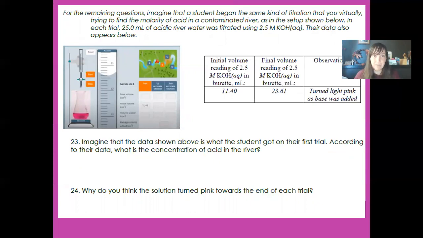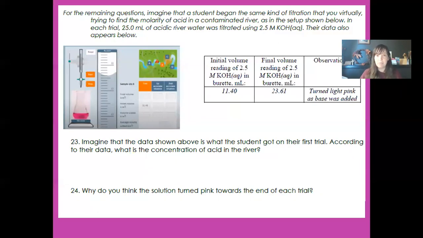Okay, for the remaining questions, imagine that a student began the same kind of titration that you did virtually, trying to find the molarity of acid in a contaminated river, as in the setup shown below. In each trial, 25 milliliters of acidic water was titrated using 2.5 molar potassium hydroxide aqueous.